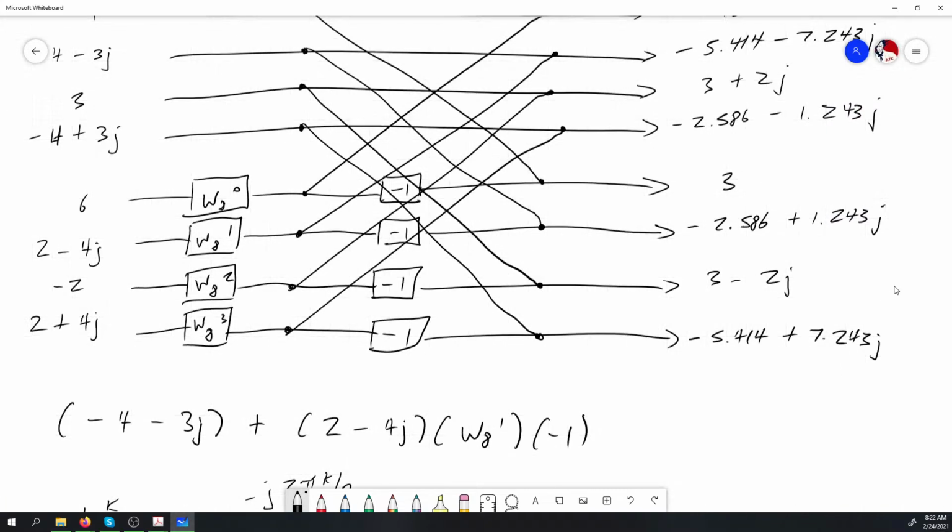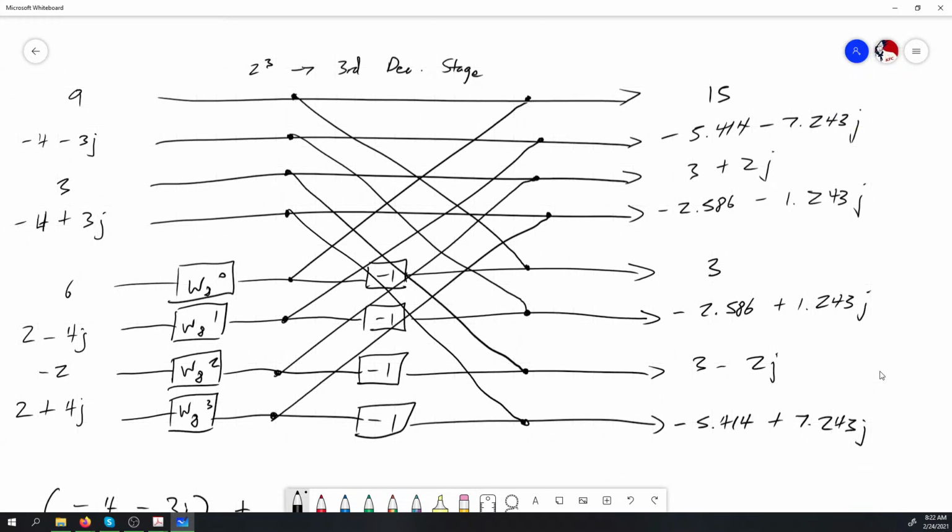Our biggest component here is the DC component, which has a value of 15. And then the biggest spectral components are going to be where we have the biggest real and imaginary values on the output stage.